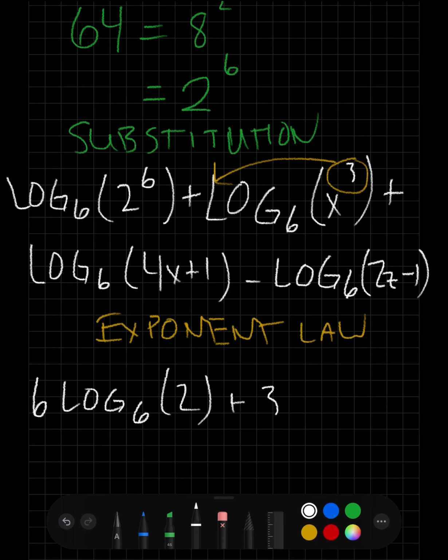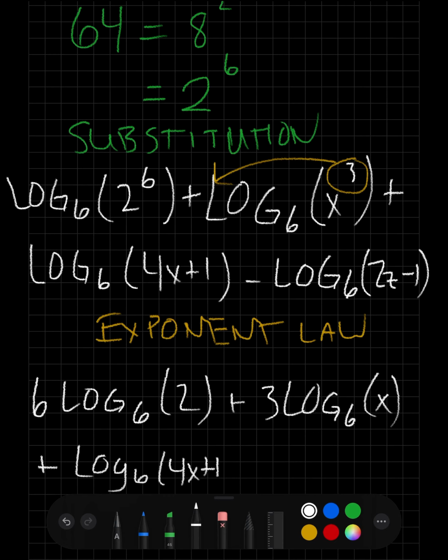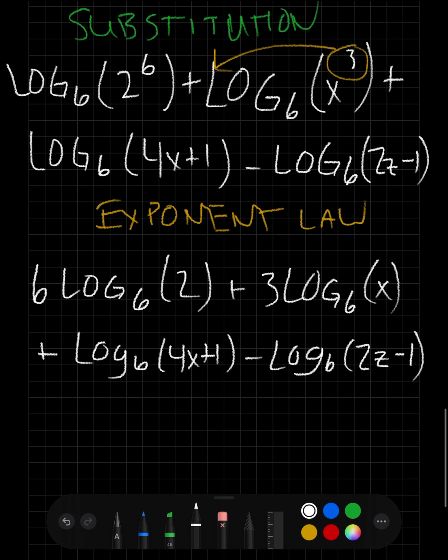And then here, using our exponent law on the next term, we'll get 3 times the log base 6 of x plus log base 6 of 4x plus 1 minus log base 6 of 2z minus 1. I know my 2's and my z's look kind of the same. That's why I put a little slash through the z, so that you know that's a z instead of a 2. It's my little notation for myself.